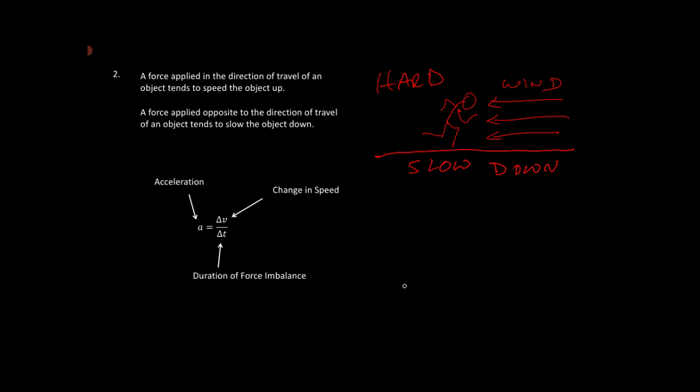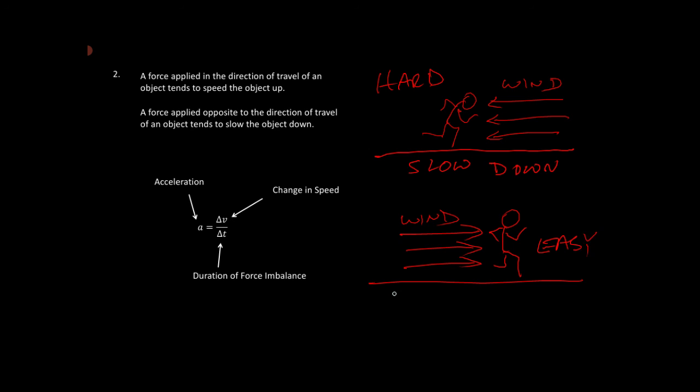But if you're going the other way, it never feels like it's equivalent, but if you're going the other way, then the wind is pushing from the back. If you get some sort of tailwind, it's going to push you forward. It's going to make your life easy and speed you up.